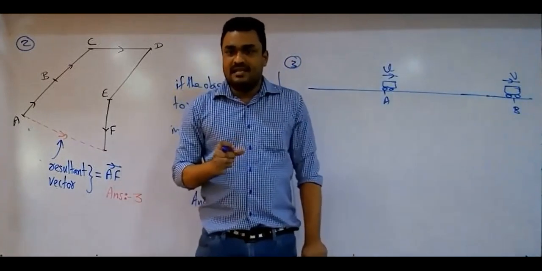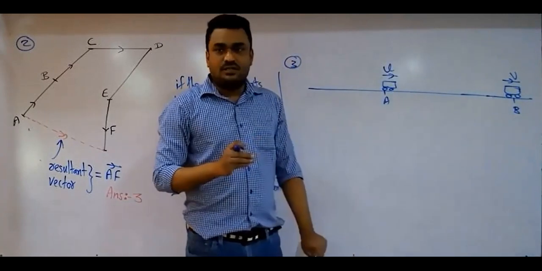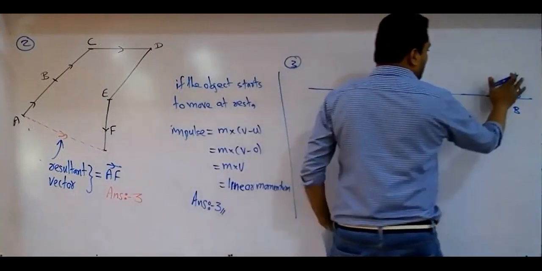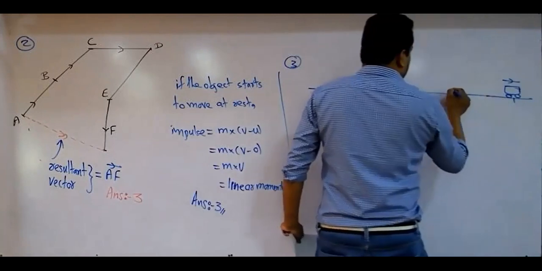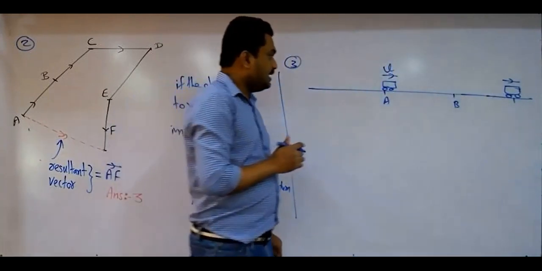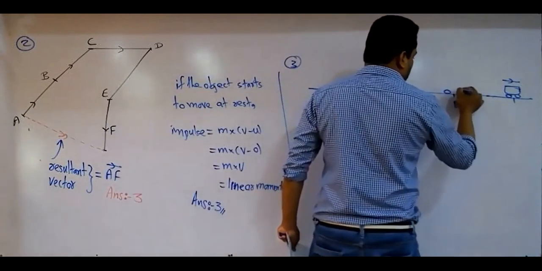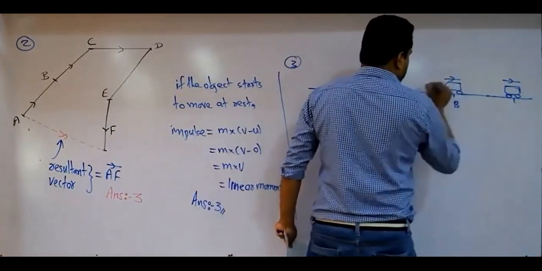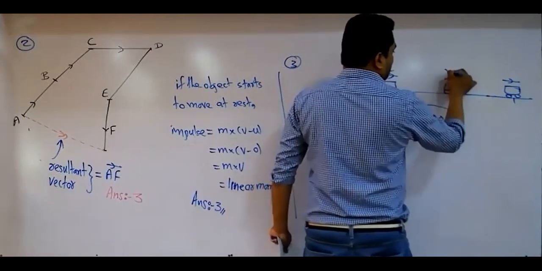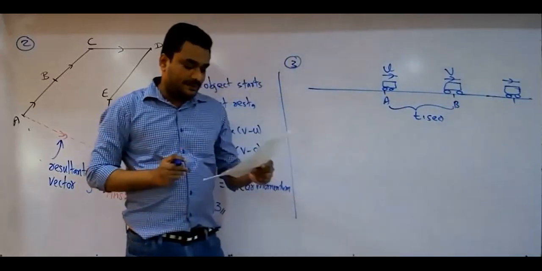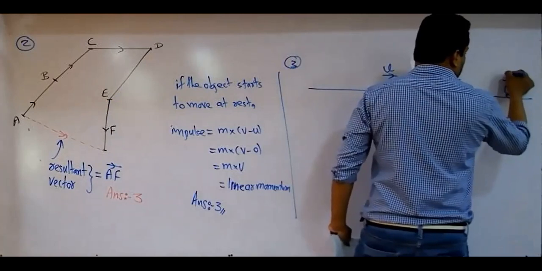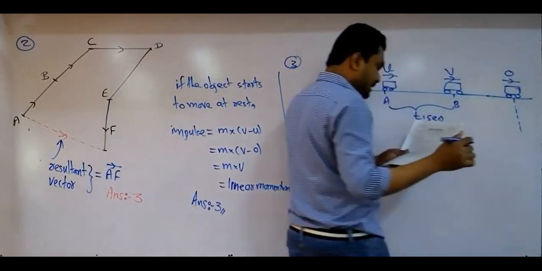Velocity is going to be reduced, and finally velocity becomes 0. Let me draw the point B here. It travels from A to B with an acceleration for a period of t1 seconds. Velocity increases up to v. Then the velocity decreases and becomes 0 at the time t2.